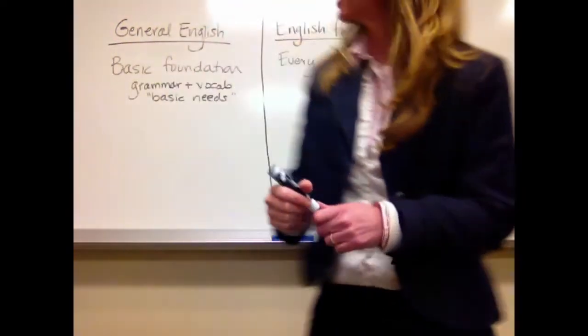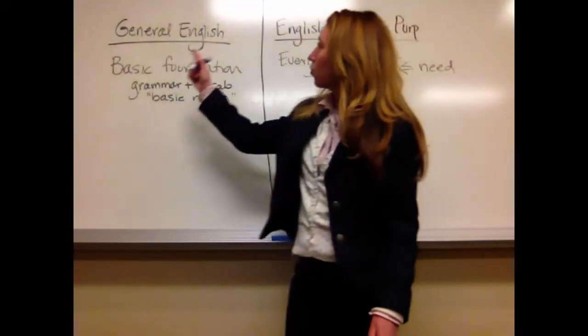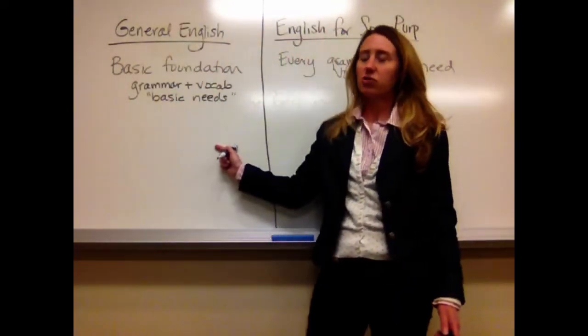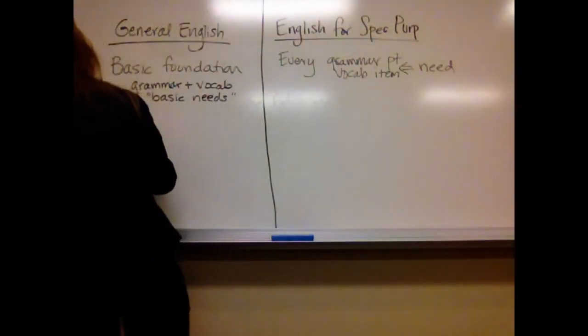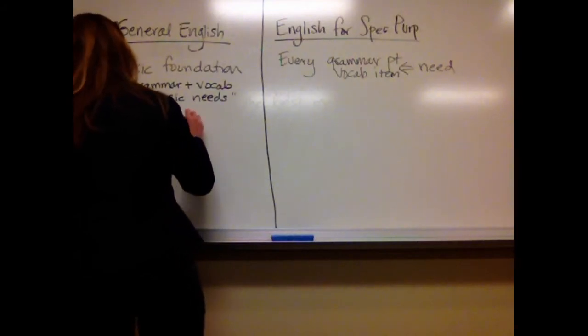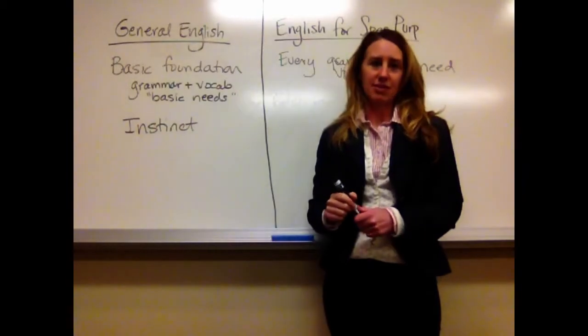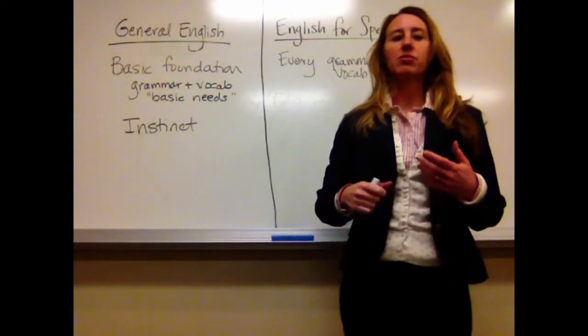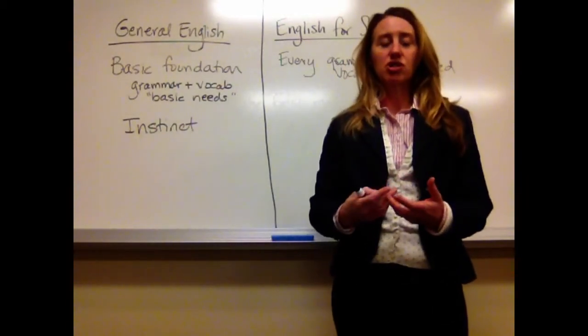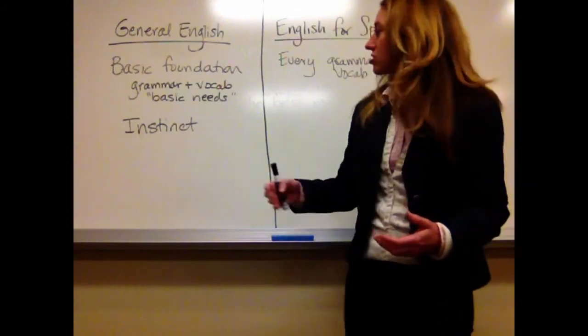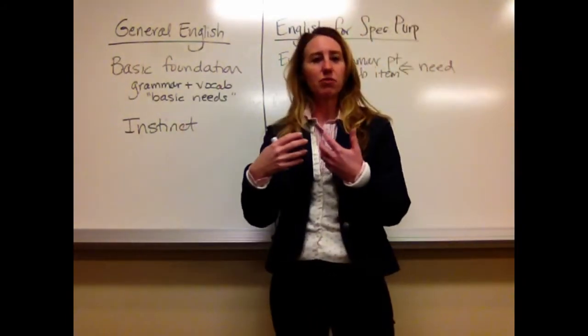Another thing that's very different is that when someone designs a general English class, they are usually designing it by instinct. They're designing it around what they think students need to learn. And so it's very much self-referencing.